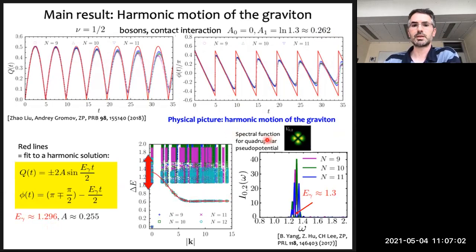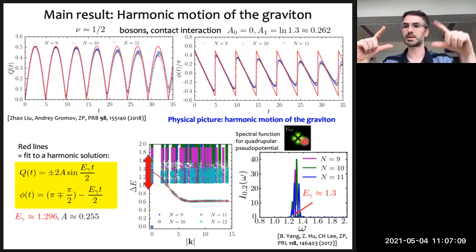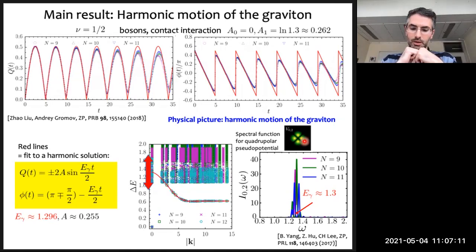We looked at this spectral function, which is essentially the matrix element between the ground state of your system and all the excited states in your system, and the operator that goes into that spectral function is an appropriate quadrupolar pseudopotential, which is the one that captures the effect of mass anisotropy.